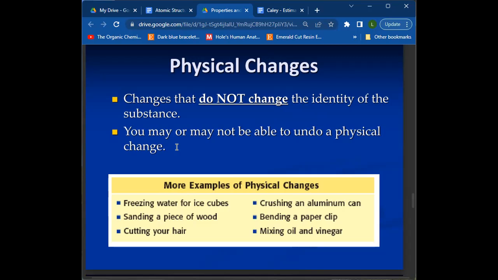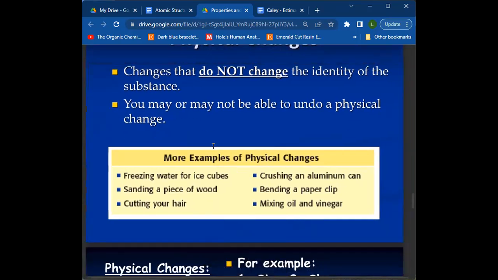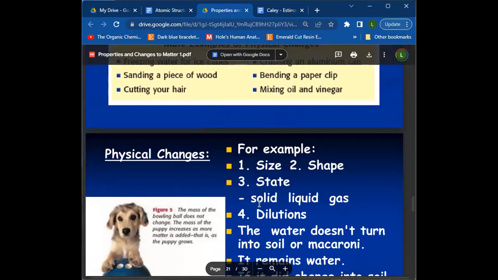But then after you mix it, you still have salt and water. Nothing new chemically was made. Those were examples of physical changes.